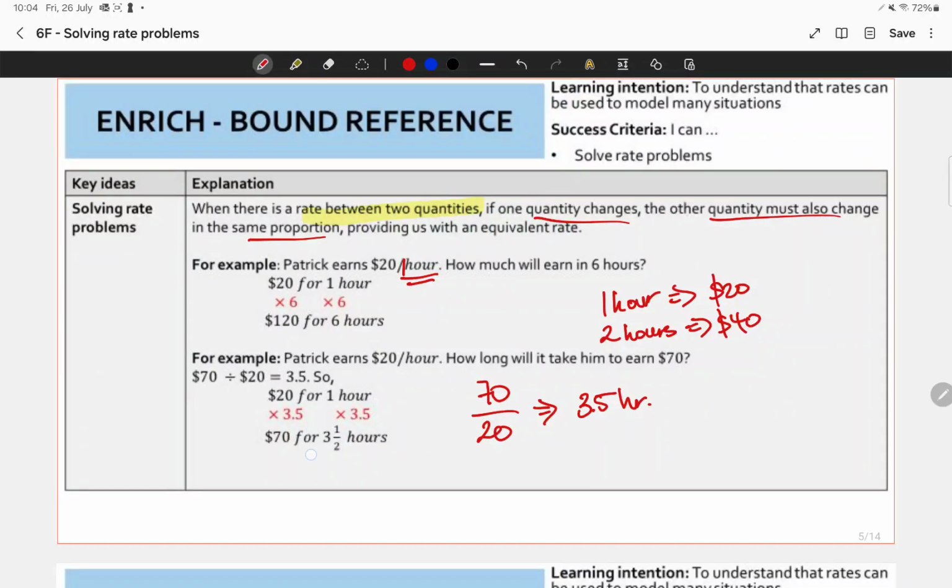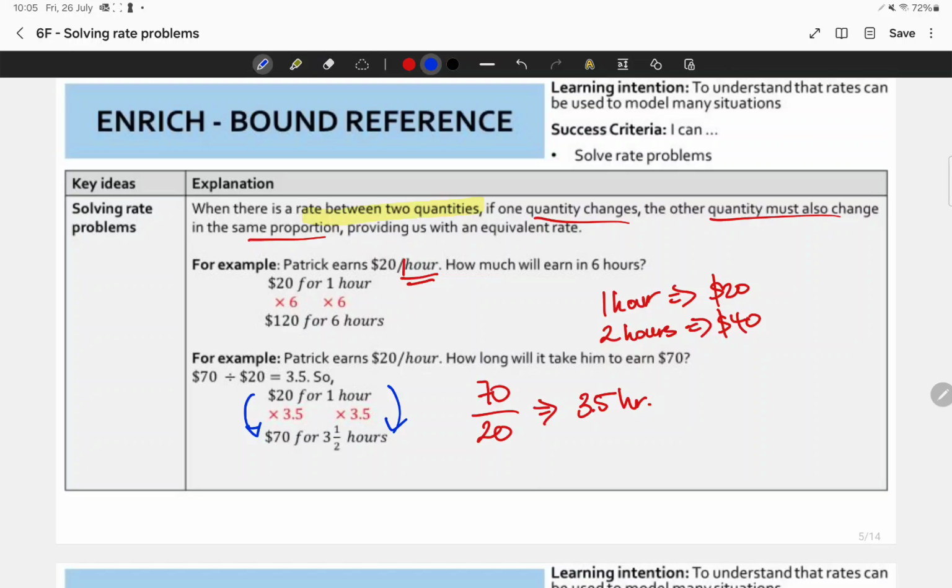And then we can confirm that by doing the example that it had here. If you times the 1 hour by 3.5, you'll get 3.5 hours. If you times the 20 by 3.5, you'll get the $70, okay? So that's how we know the relationship between the two different quantities.